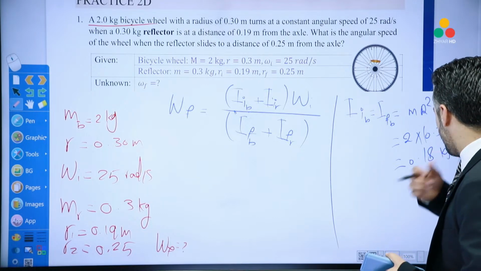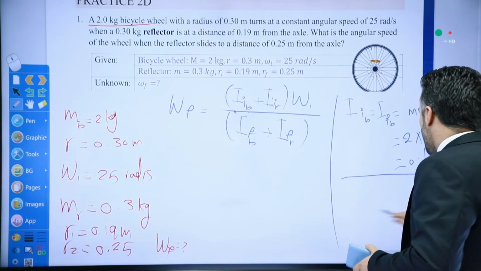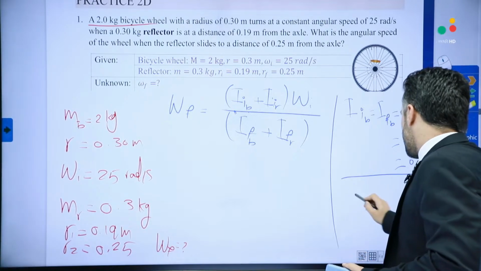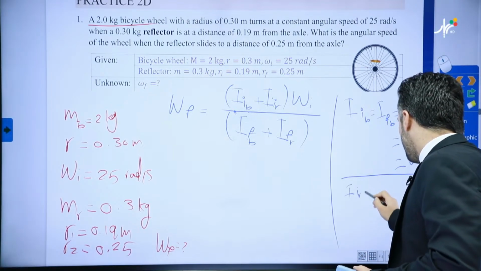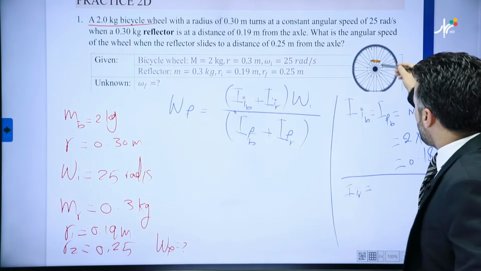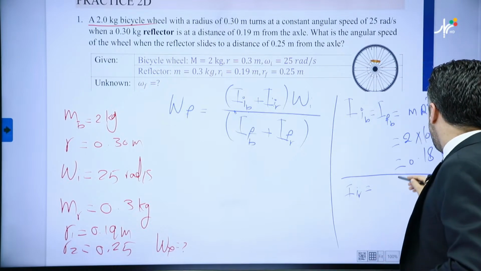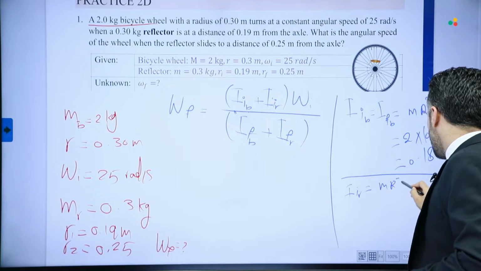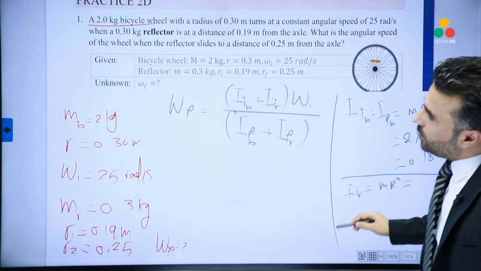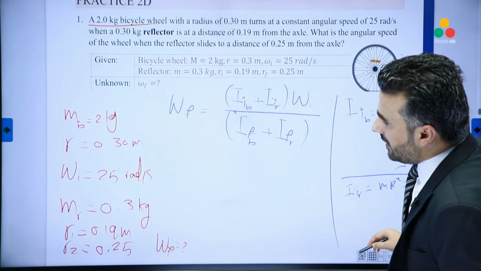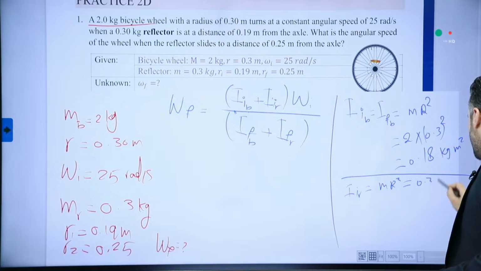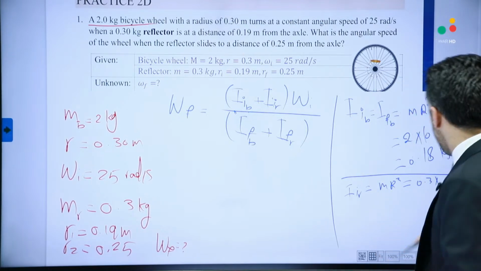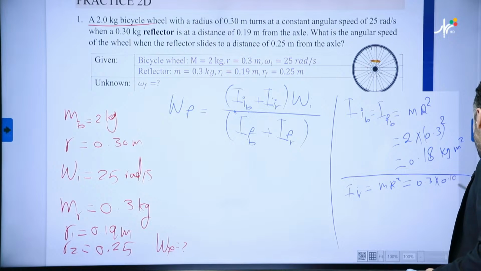Okay, so I think we still have one more minute. What about the initial and final for the reflector? The reflector is like a point mass, so once again mr squared. The mass of the reflector was 0.3, multiplied by the initial radius, which was 0.19 squared.